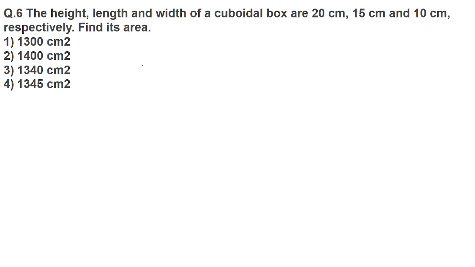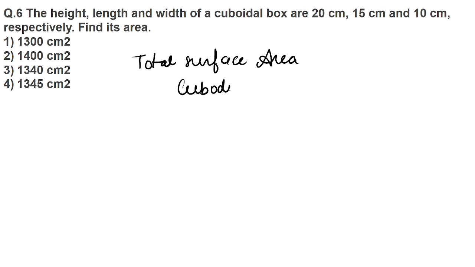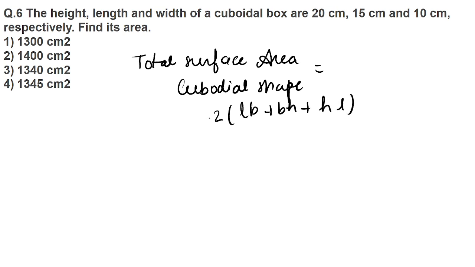So if we have to find the total surface area of any cuboidal shape, the formula will be equal to, listen here, 2 into length into breadth plus breadth into height plus height into length. This is the formula. If I use all the given values, what is length over here? 20 centimeter.